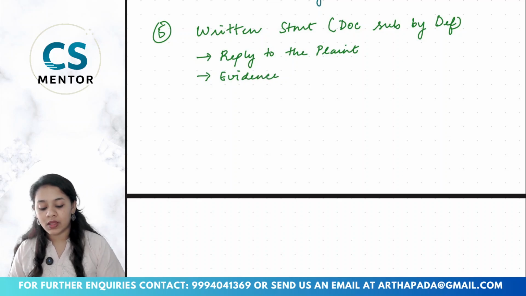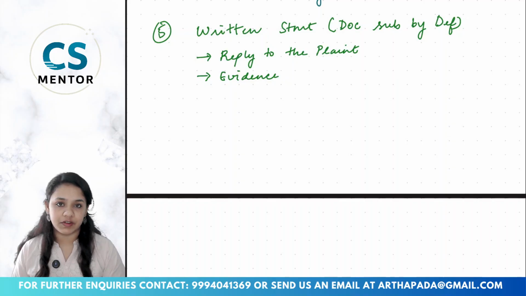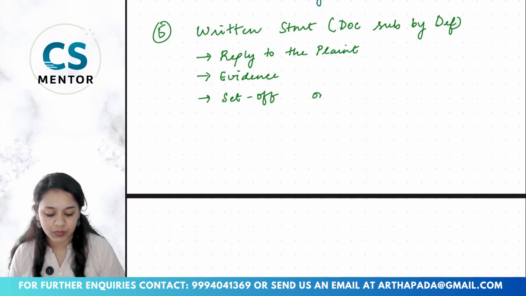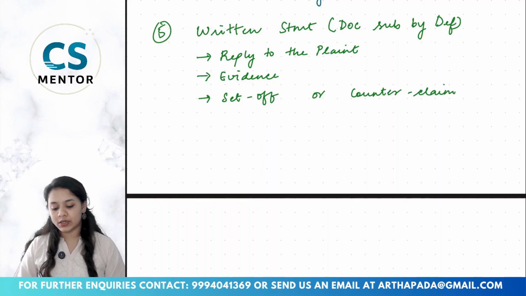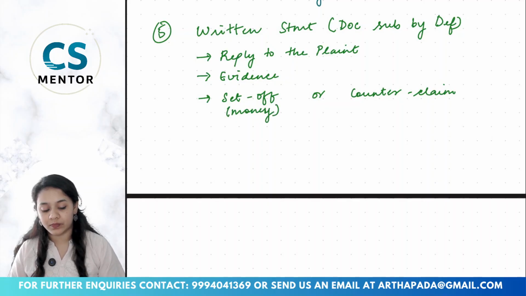Okay, and in addition to the written statement, some additional things can be claimed by our defendant, and that is nothing other than a set off or a counterclaim. What is a set off or a counterclaim? We'll be looking at it in detail later. Set off is mostly related only to money or in the form of a debt, whereas counterclaim is anything else.